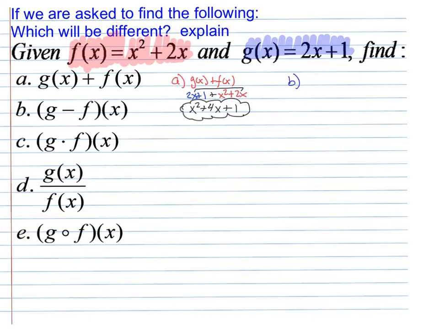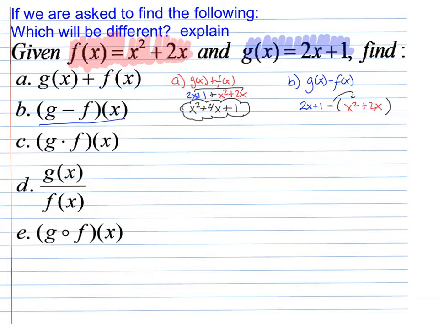For B, we have g of x minus f of x, and we're going to subtract. So we know our g function is 2x plus 1 minus whatever our f function is. We will have to subtract everything inside of it, and that is x squared plus 2x.